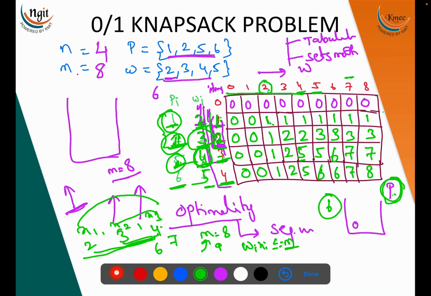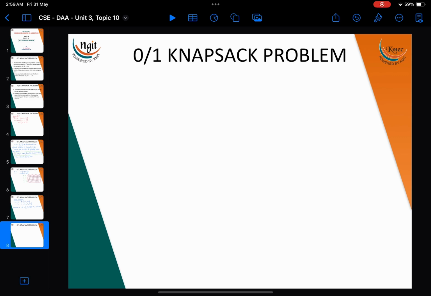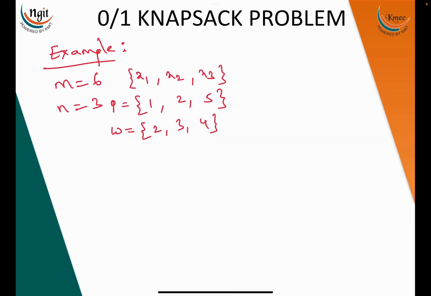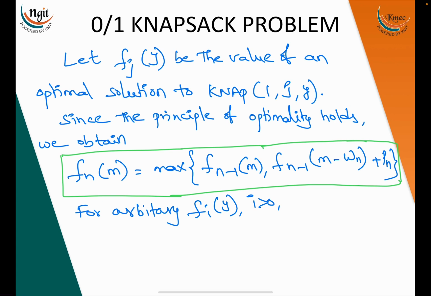Now you have to check for which values the bag capacity and the profit constraints will get satisfied. So we will be doing it even using the formula. The formula we saw in the previous slide, right? The formula is this. So how to calculate these table values? We were given values as far as the table is considered, but we do have a formula to find the values in the table.